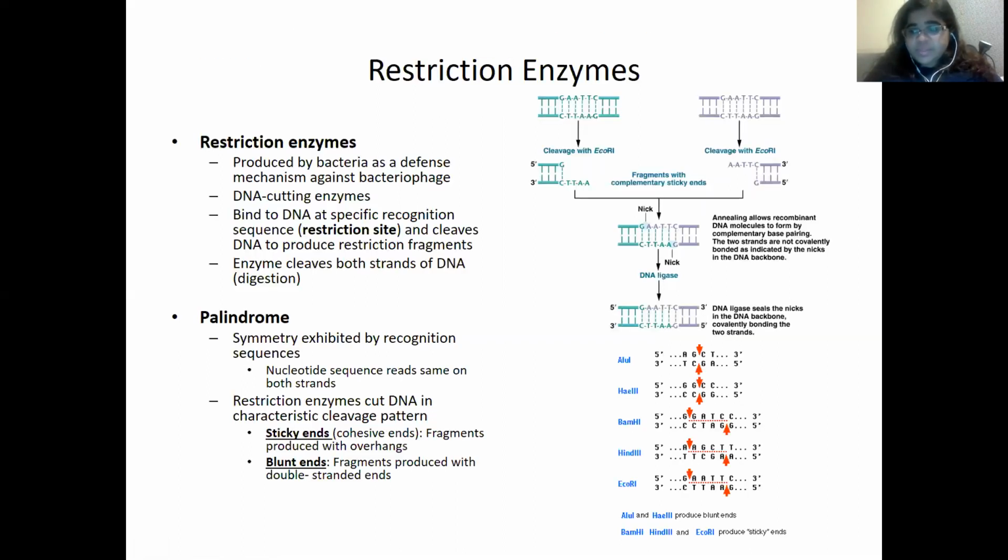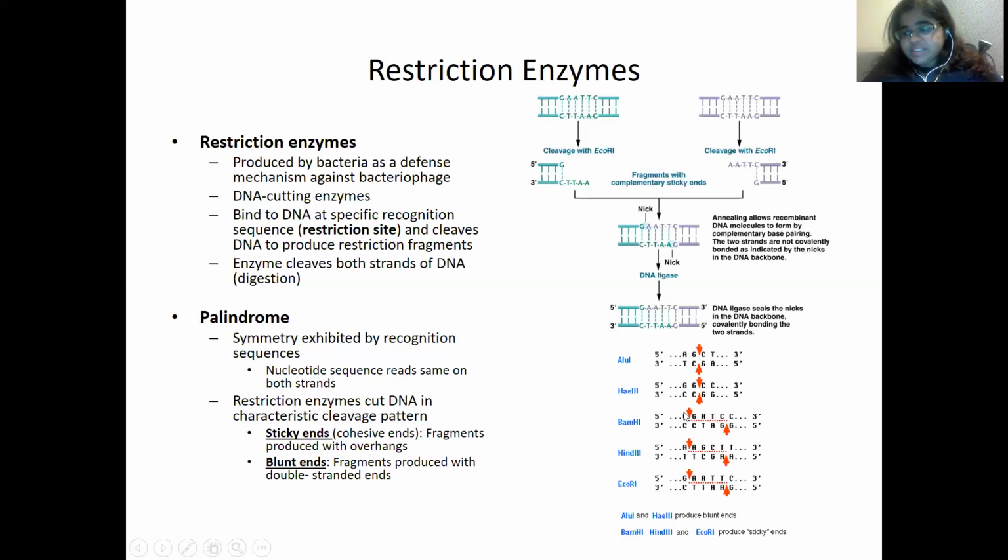Oh, sorry. So these are blunt ends. Blunt ends end up with double-stranded ends, so it cuts right in between.